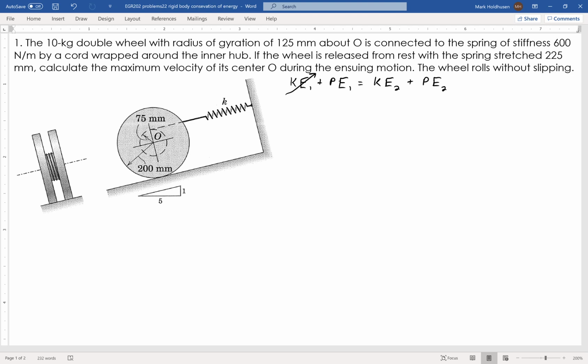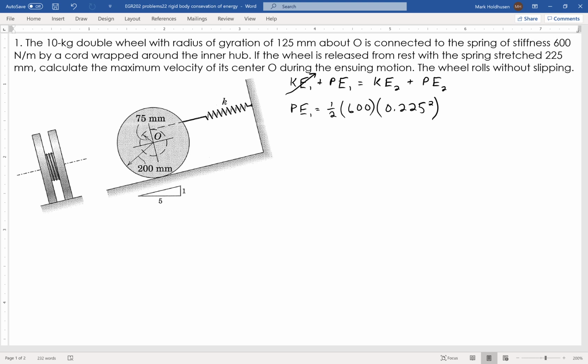However, there is an initial stretch in the spring, so the initial potential energy is 1/2 k s squared, which is 1/2 times 600 times 0.225 squared. That's what I'm going to call my only potential energy at this point.